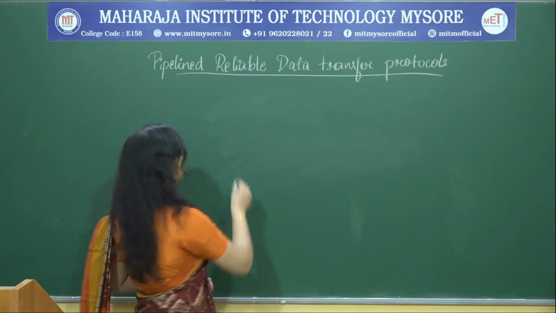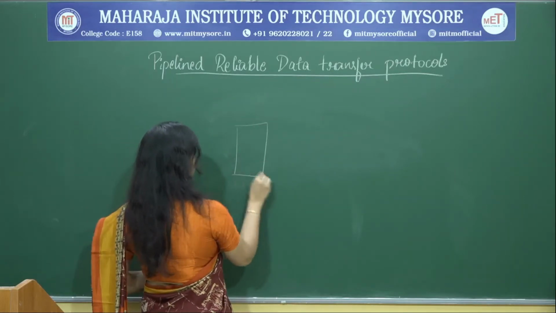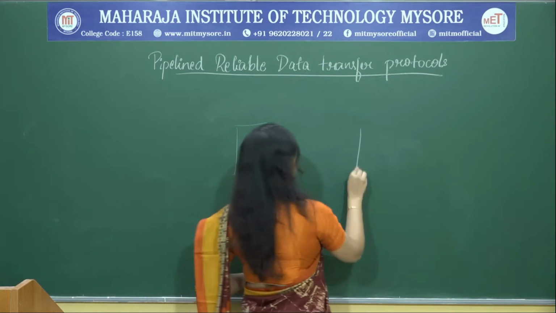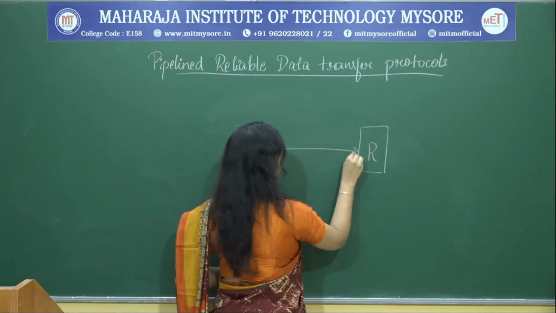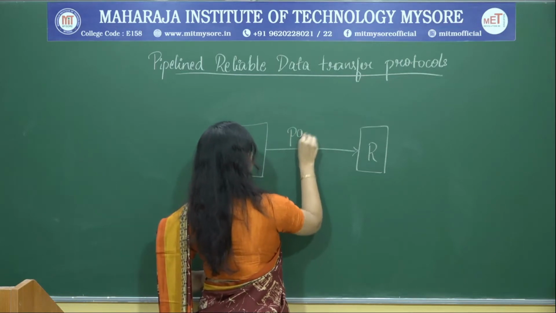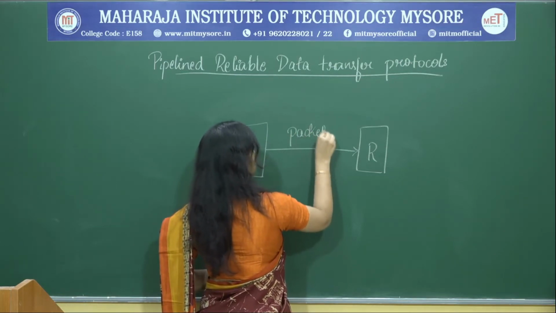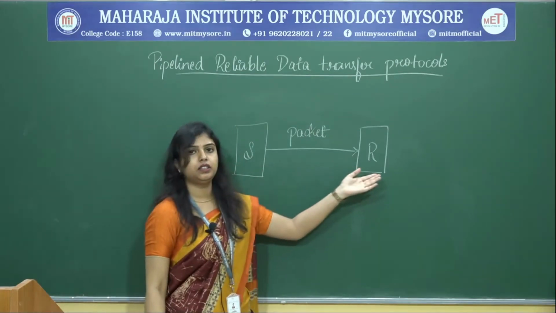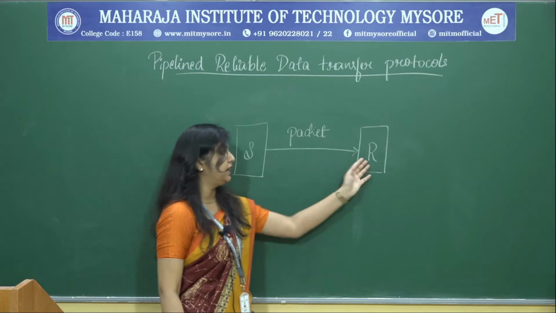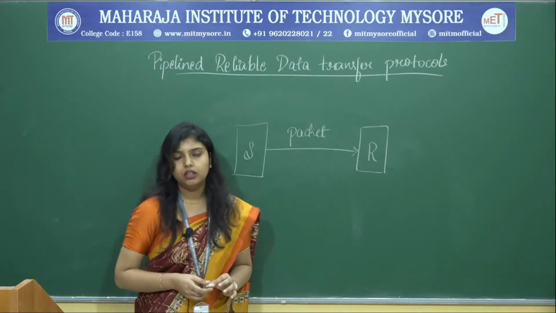Let us suppose this is the sender, this is the receiver, and this is the packet being sent, where the data is residing. The sender is sending the packet to the receiver.